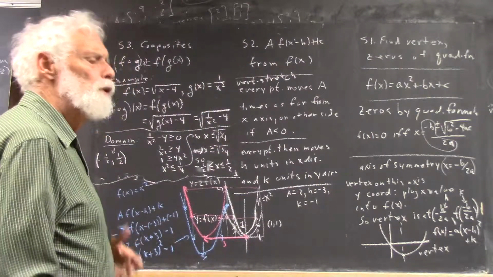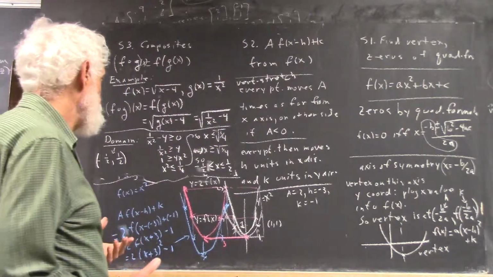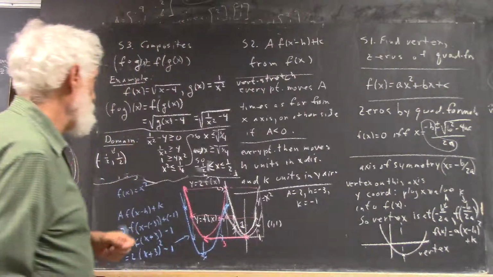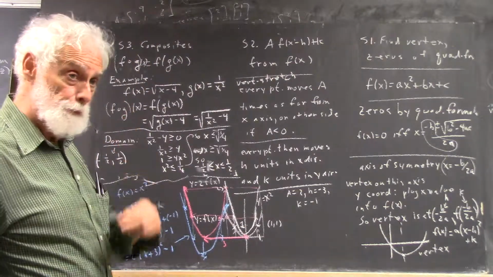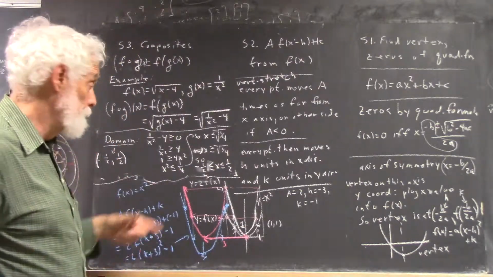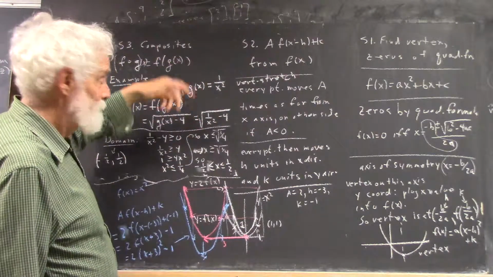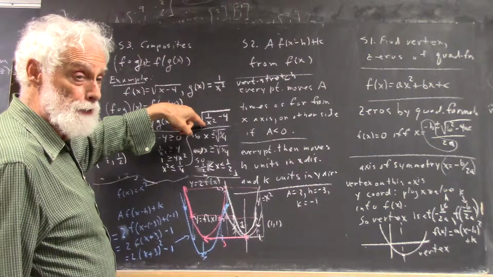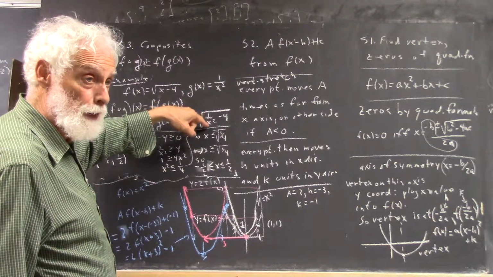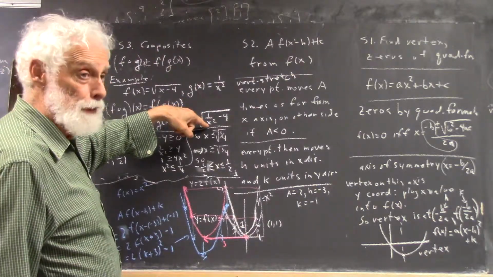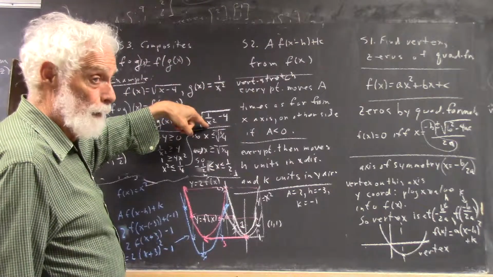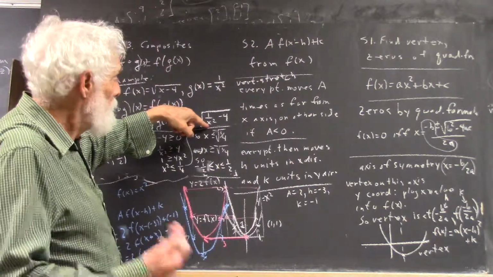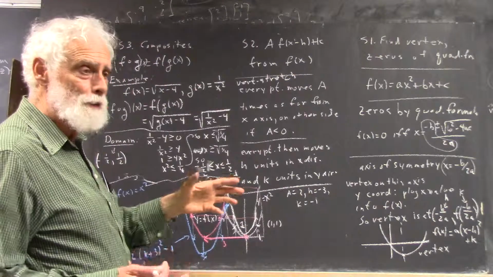Now, we ask about the domain of this function. What's the domain? Well, there are two things, one of which I haven't written down here, but we talked about. First of all, x can't be 0, because then x squared would be 0, and you'd be dividing 1 by 0. Not only is division by 0 undefined, which you're supposed to have learned many times over, but it's undefined for a reason.